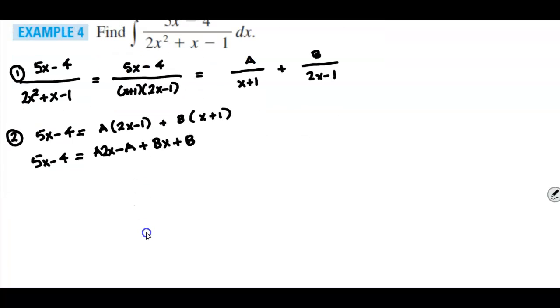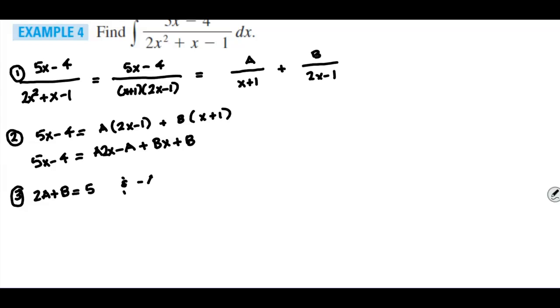So again, going back through our partial fractions definitions, we can see that we have these two formulas. We have the coefficient of x, in this case 2A plus B, and that's going to equal 5.